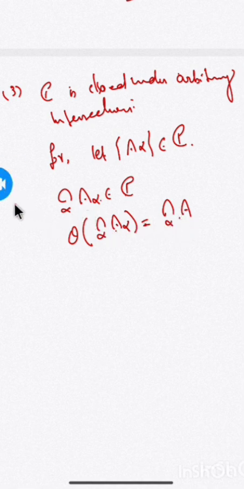So to prove the intersection of A alpha belongs to C, we want theta of the intersection of A alpha equal to the intersection of A alpha.